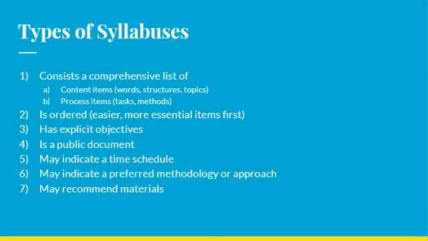And it may indicate a time schedule, so there could be a schedule of what you're going to do, what date, etc. And it might also include a preferred methodology or approach, and you might also have supplement materials.